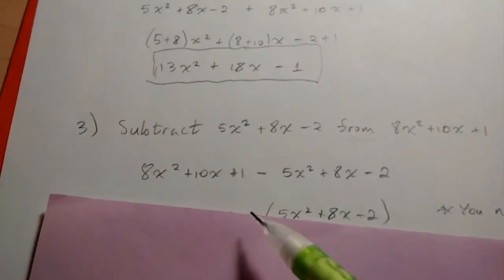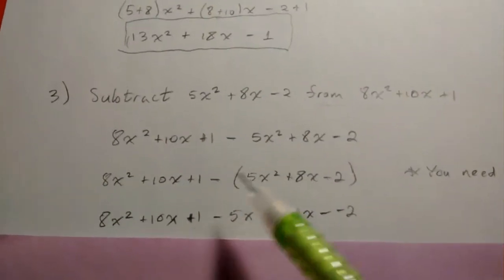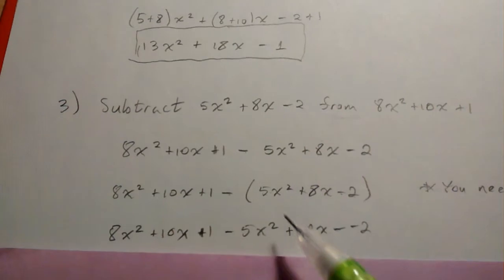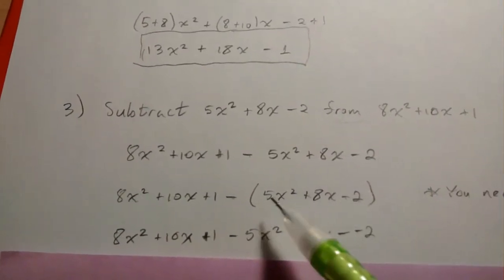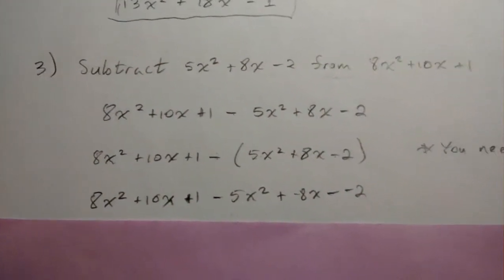That's the effect of this subtraction. Okay, so it looks like this. Subtracting a 5x squared, and then adding the negative 8x, and then the subtraction here of the negative 2. So hopefully that makes sense to you.